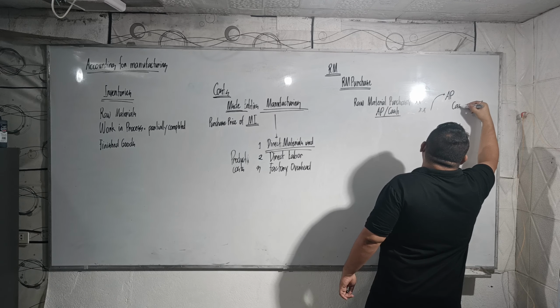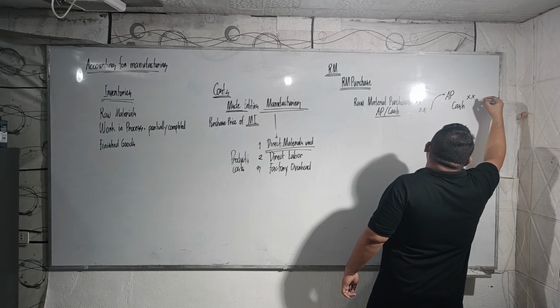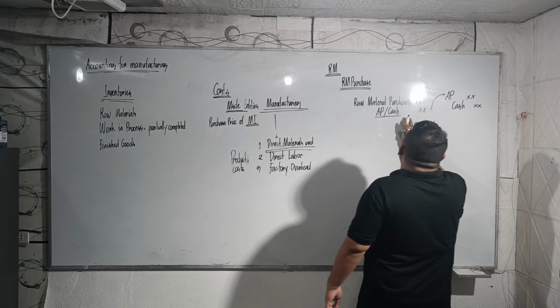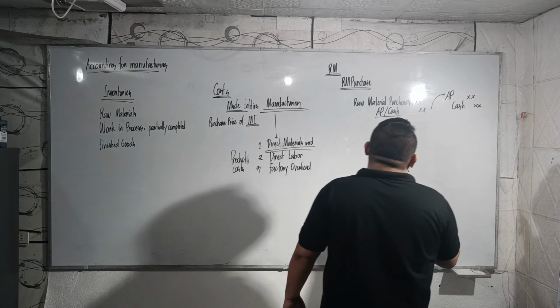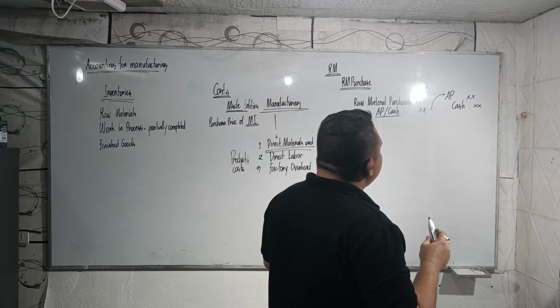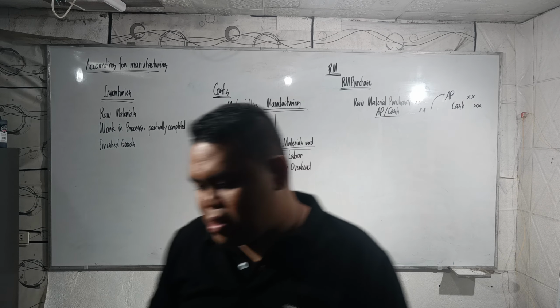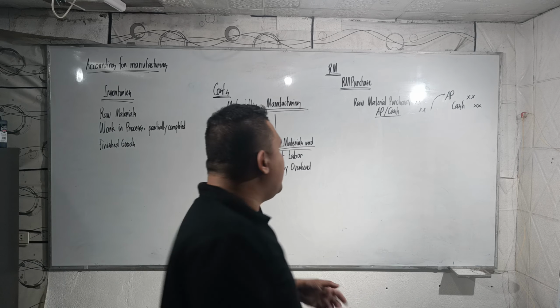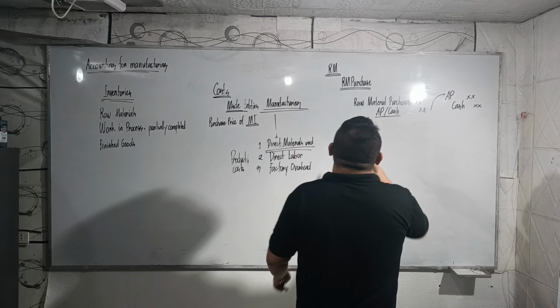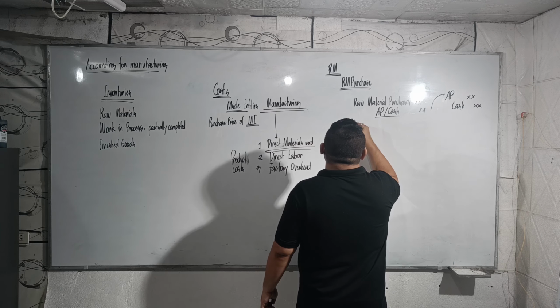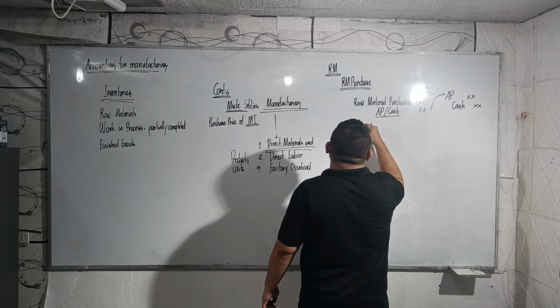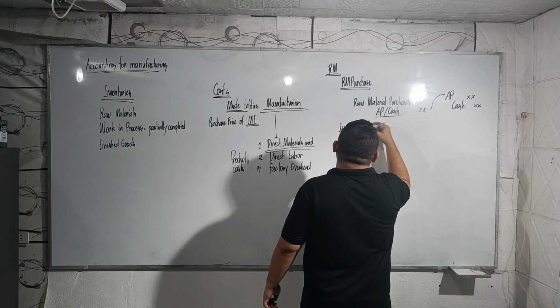It's as easy as that on the accounts payable. But how about the raw materials that you purchased? There is only one thing normally that will happen to them, which is that they will be issued to production. Issuance to production.